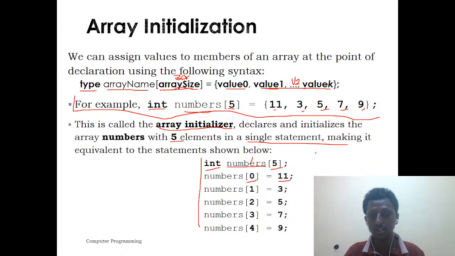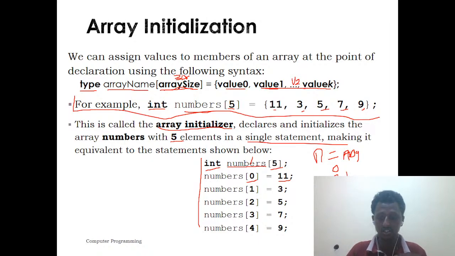For example, let the array size be equal to n. So the first index of the array is 0 and the last index of the array is n minus 1. We will see details.